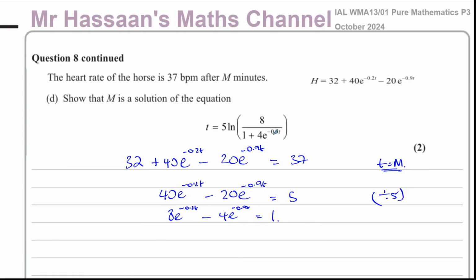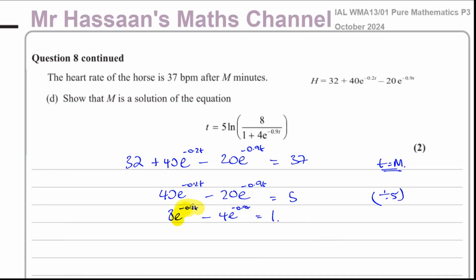And because I've got minus 0.9t here, it must be this t that's been made the subject of the formula. This looks like it's going to become an iteration question because that's t in terms of t. So I need to make this the subject of the formula.